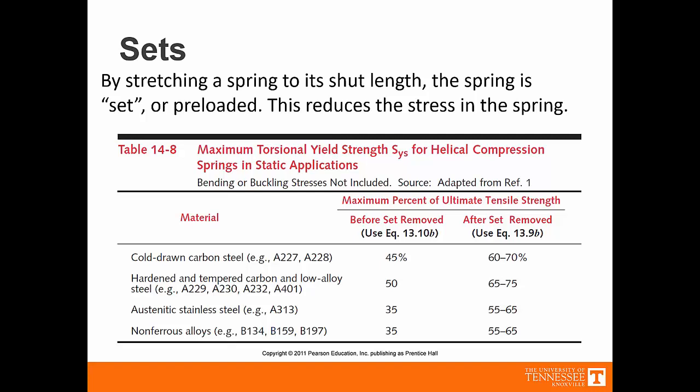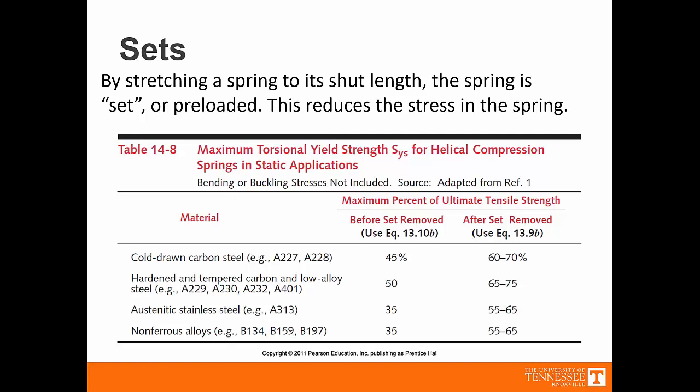So setting the spring and removing the set means the same thing, and it means that you compressed the spring until the coils were touching each other, and when you released it, it was not as tall as it was. Now, something interesting about that is setting the spring actually makes the spring stronger.